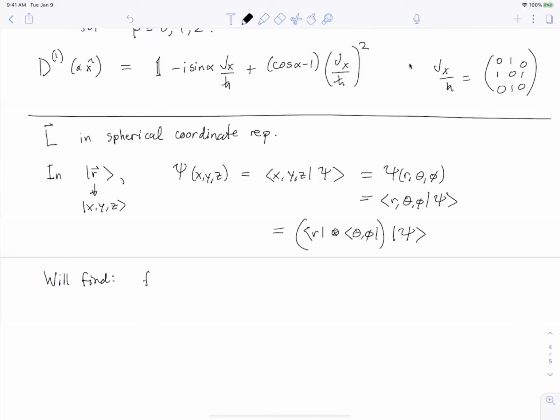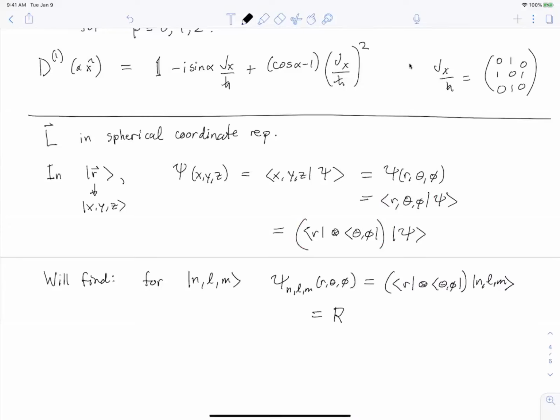But where this will lead is, we'll find that for an eigenket nlm, the wave function for that eigenket as a function of the spherical coordinates is going to equal, again, the bra r cross theta phi acting on nlm, which is going to be a function of r only, which is going to carry the n label, and a function of theta and phi only, which we're going to call, by tradition, Y_lm.